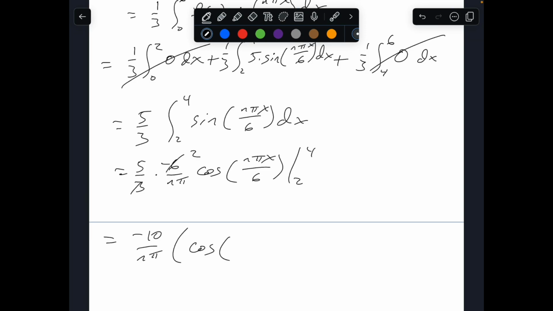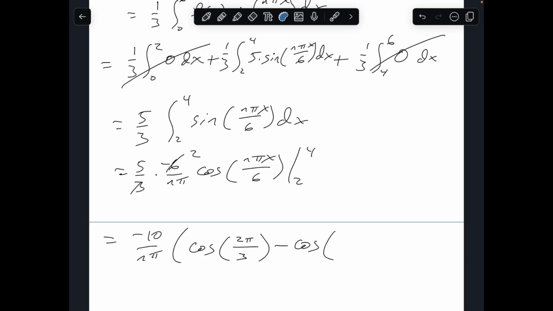And then plug in those bounds, you get cosine of 4 over 6, which is 2 over 3 times n pi. And then minus cosine of, oh, sorry, I forgot the n. Yeah, so x is 4 over here, so this becomes n pi 4 over 6.